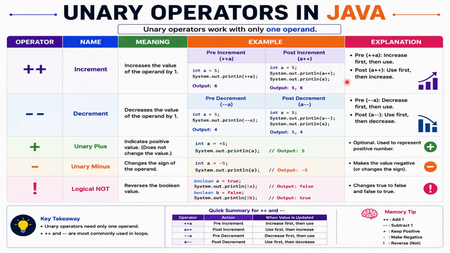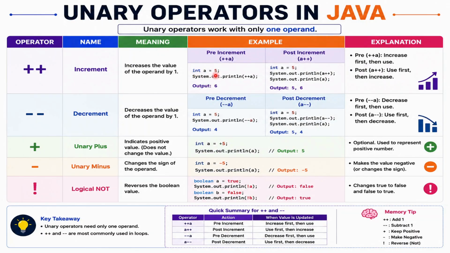For example, there are two parts now, pre-increment and post-increment. So what is the meaning of pre-increment and post-increment? Pre-increment works like it first increases the value and then uses it, and in post-increment it first uses the value and then increments it. In the example, we have integer a equals 5.